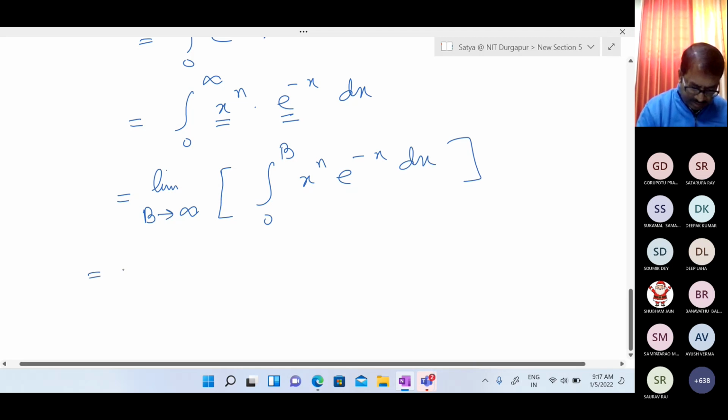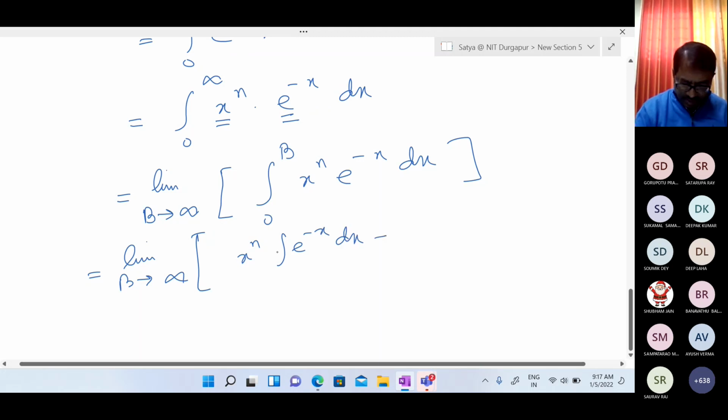Now this equals the limit as v tends to infinity of x to the power n times the integration of e to the power minus x dx, minus, we will put the limit later on, the integration of the derivative n x to the power n minus 1 times the integration of e to the power minus x dx.